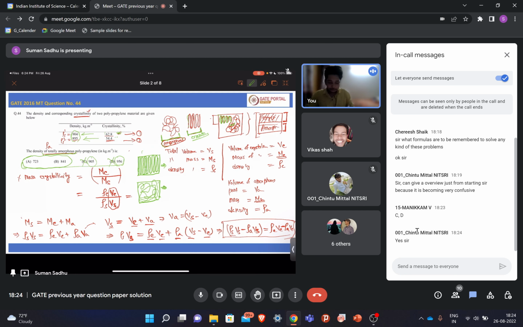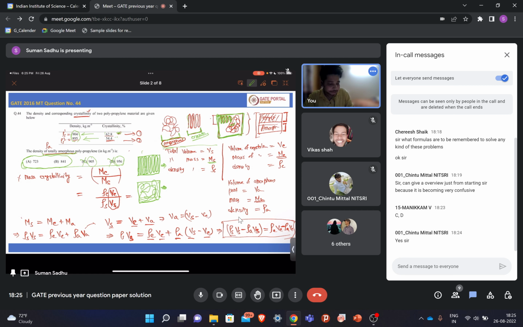Now for this we have to calculate, and as I mentioned, in reality it may happen that some part of the polymer is crystalline and some part is amorphous. So we have assumed that the total volume is Vs and the total mass is Ms. That means the total mass of this polymer block. Let's say this part is the crystalline part, the regular arrangement.